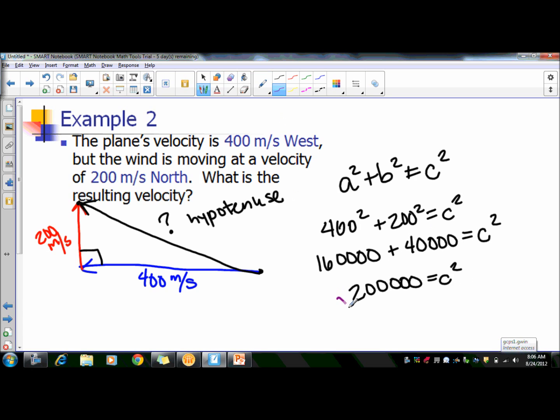You have to square root both sides. This gets rid of your square on this side, and when we take the square root of 200,000, we get a c value of 447.2 meters per second.